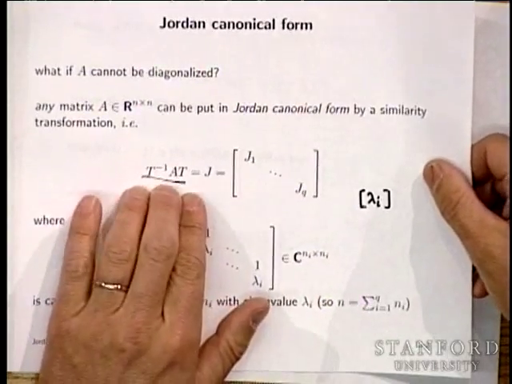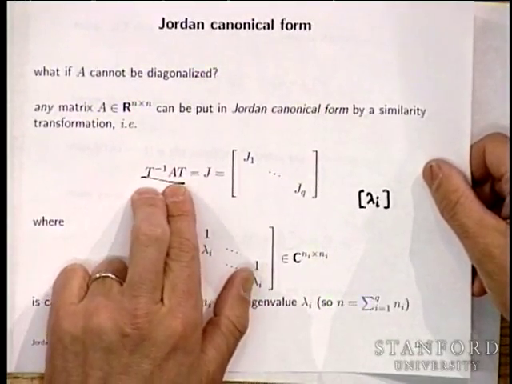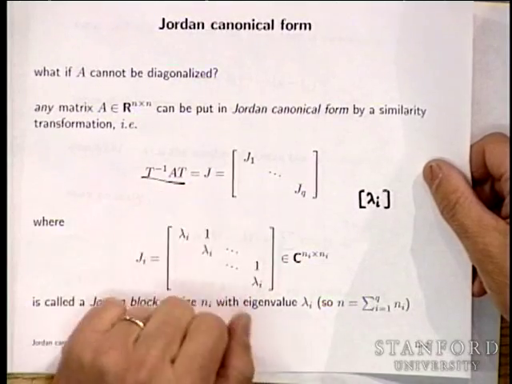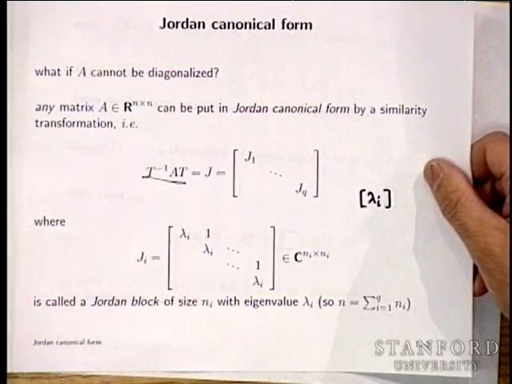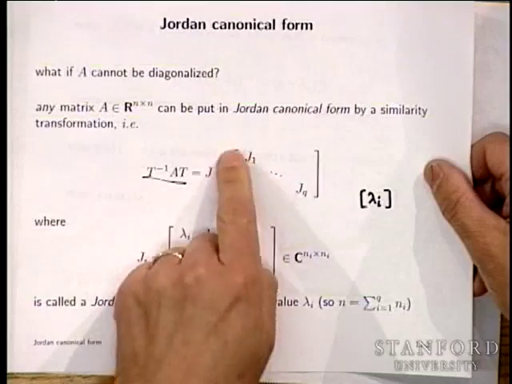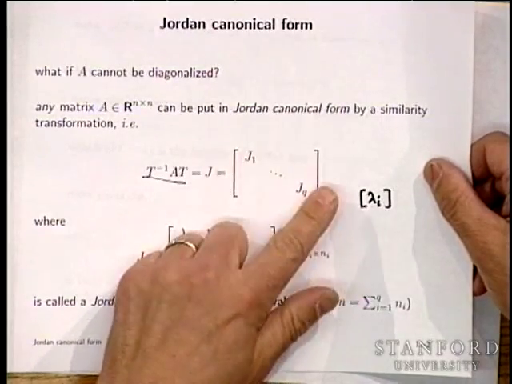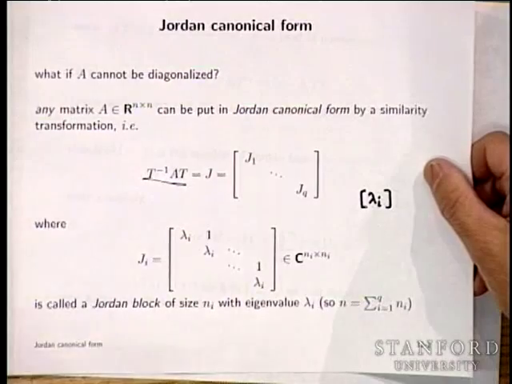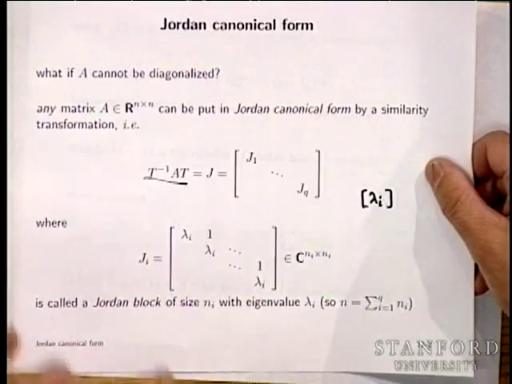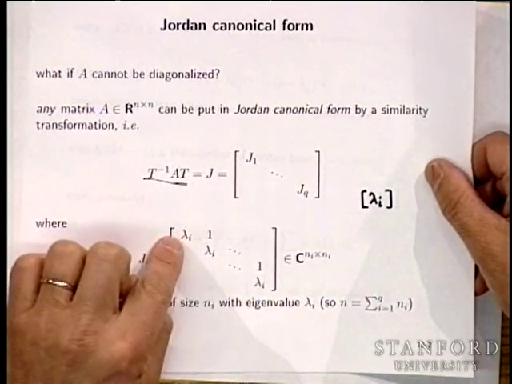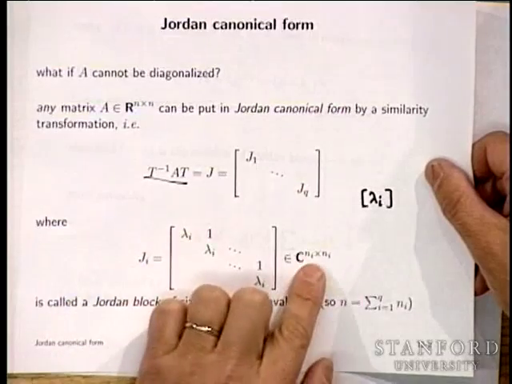I mean, it's a quick calculation, but the characteristic polynomial under a similarity transformation doesn't change the eigenvalues. So the eigenvalues of A are the eigenvalues of this thing. That's a block matrix. Eigenvalues of a block matrix are the eigenvalues of all the blocks stuck together. Eigenvalues of that matrix, that's upper triangular. Eigenvalues of this matrix are lambda i with a multiplicity n_i.